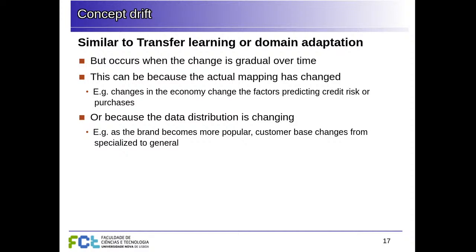Another thing that can happen is the actual distribution of the examples is changing. For instance, you start with a shop that is very specialized and has a particular kind of clients that are really interested in whatever you're selling, say board games or something like that.